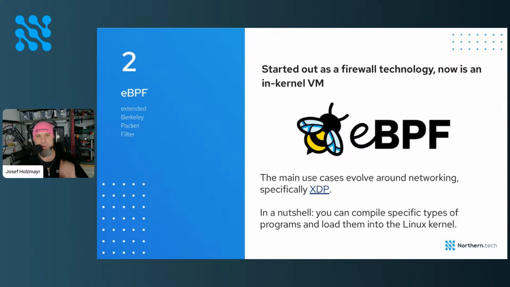eBPF stands for Extended Berkeley Packet Filter, and it actually originates as a firewall technology. So Berkeley Packet Filter basically is a firewall technology, because you can define which packets to drop, which to forward, whatever. And eBPF evolved into an in-kernel virtual machine with some very restricted logic about how the code which runs on this virtual machine can be compiled, which restrictions it has, how its runtime needs to be defined.